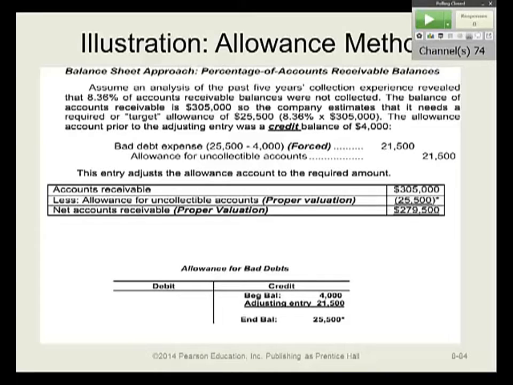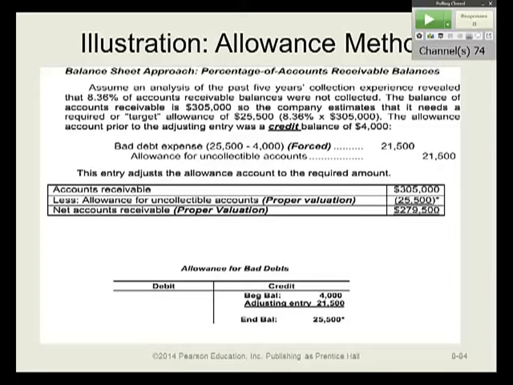Your ending accounts receivable balance is 305, and 8.36% of that is 25.5. So what you're saying is that you believe that this balance of 305 is not fully collectible.